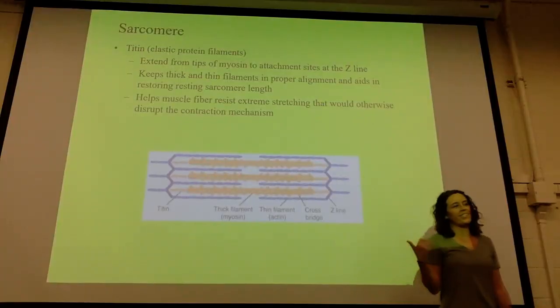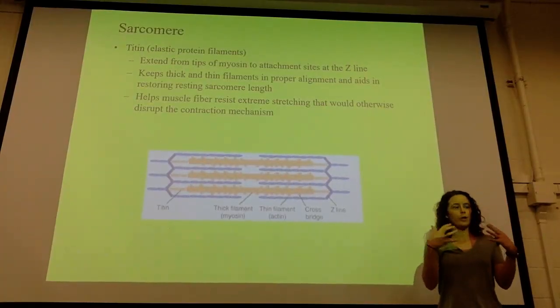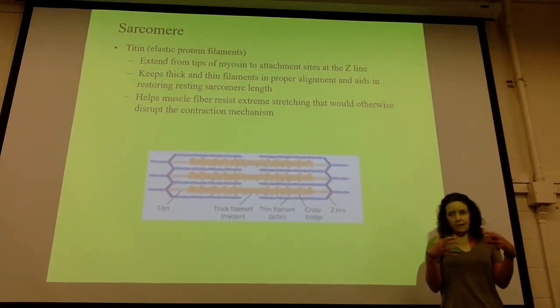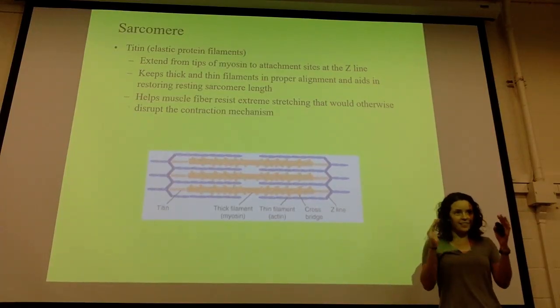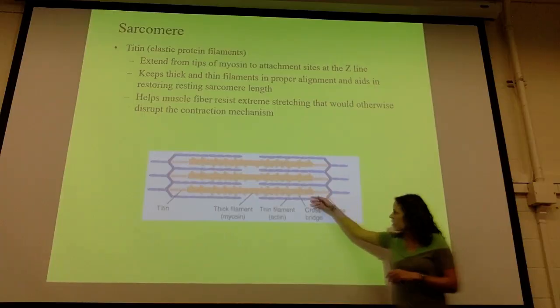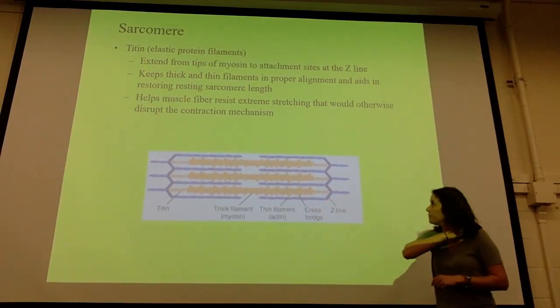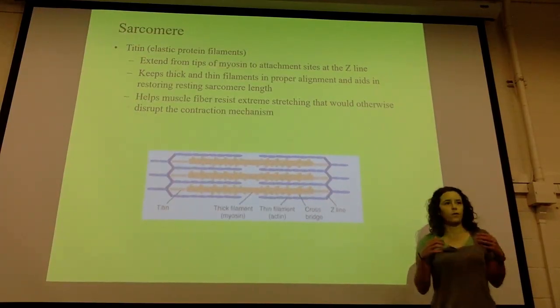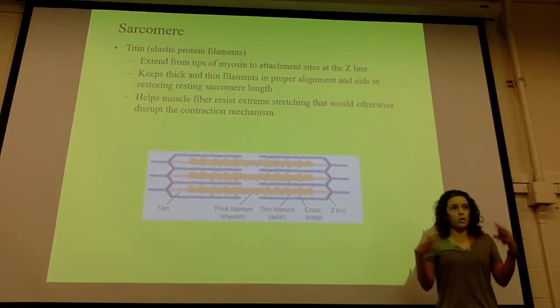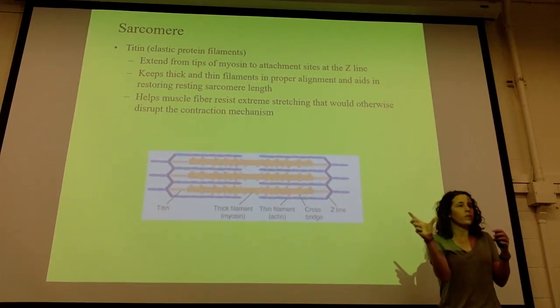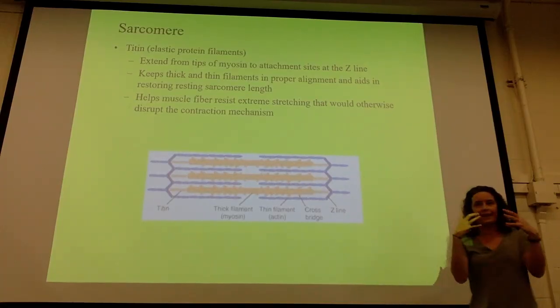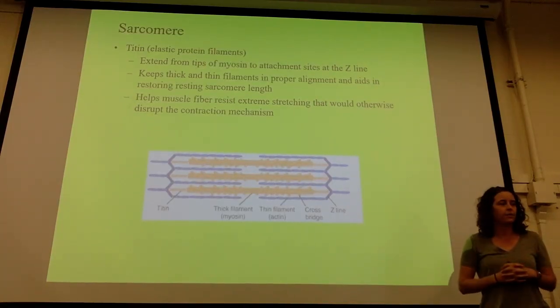So we don't just have actin and myosin kind of floating around there. They are anchored in place. They are attached in the middle. They're attached on the ends, and all the pieces are situated in their perfect spot. This allows for the sarcomere to shorten during contraction and then return to its resting state without getting out of order or being arranged poorly.